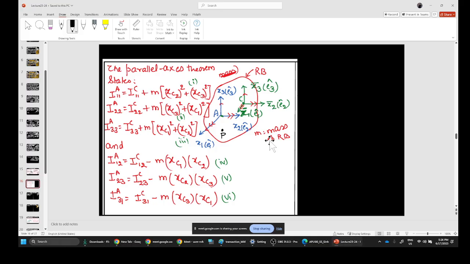So the first was about the 1,1 component, going from IC11 to IA11. Second is about going from IC22 to IA22. And the third is IC33 to IA33. And here there is a very clear pattern in which these indices change. Here it was 2, 3. When you are talking about 1,1, this is 2 and 3.